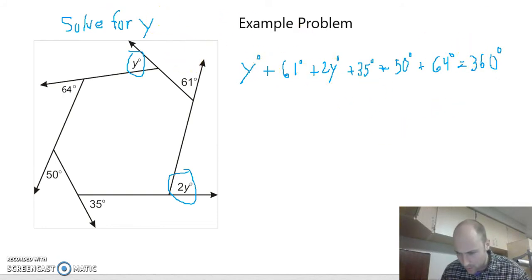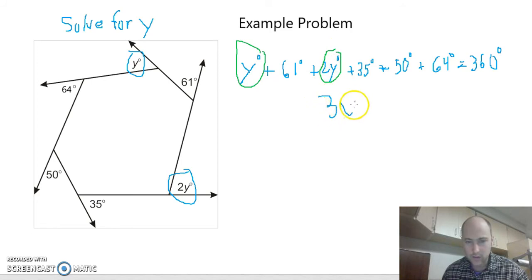So at this point, all we have to do is combine our like terms. We have 1y here and 2y's here, so we can combine those and give ourselves 3y degrees. Then we can combine our other like terms, which are just our numbered angles, and add all of those up.